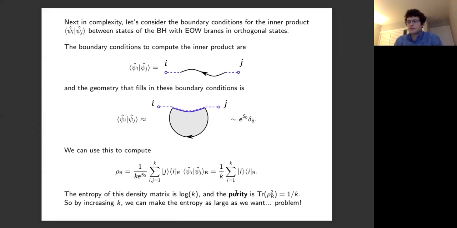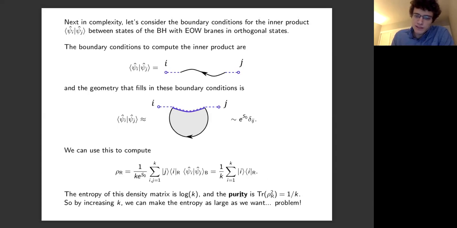A useful thing to compute that we'll discuss in a second is the purity. It's a little bit simpler than the entropy, but it's also a measure of the entropy: trace rho squared. If you compute trace rho squared for this density matrix, you find the answer 1 over k. There are k terms, each of size 1 over k squared, so the sum is 1 over k.